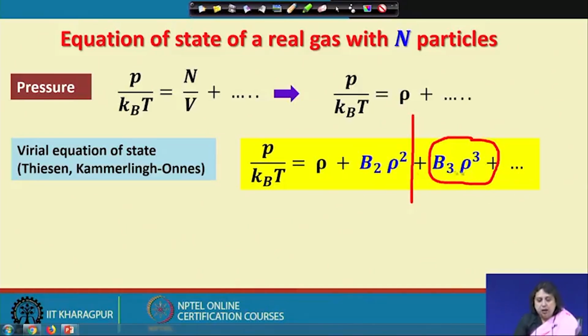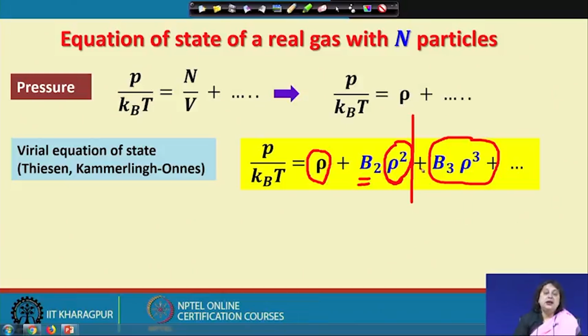Okay. Now, as you see, B2 must be related to the underlying interaction in the system, and here I have this term rho. Now, if it is an ideal gas, the contribution is rho, and in this correction term the dependence on rho comes in the form of rho square.